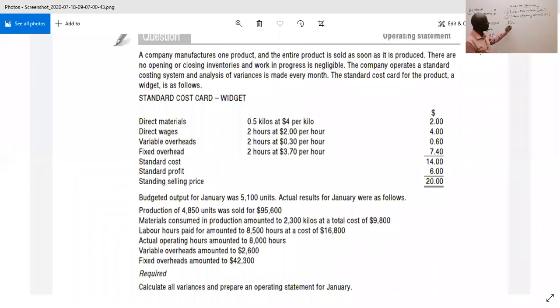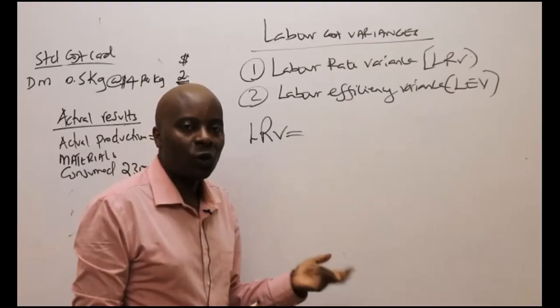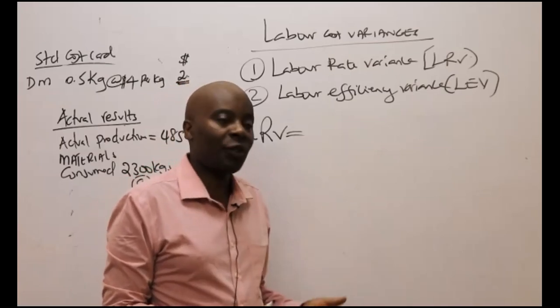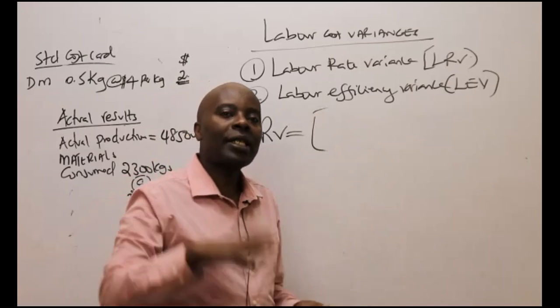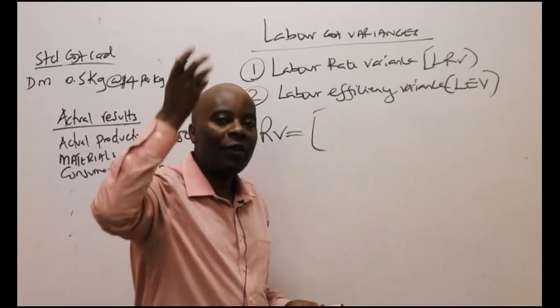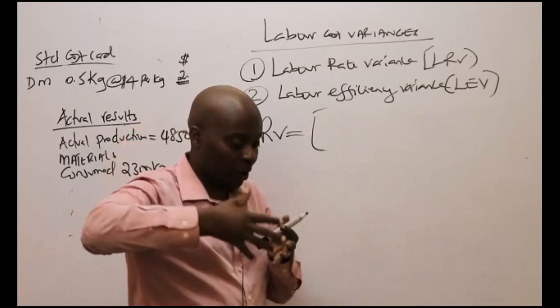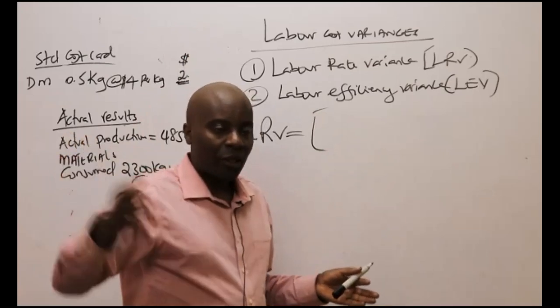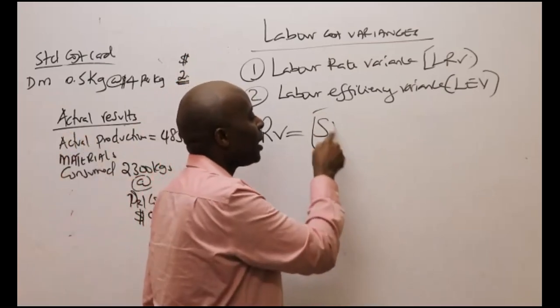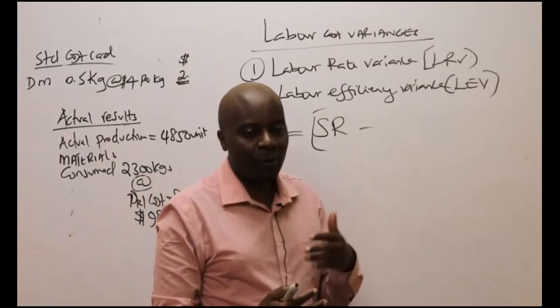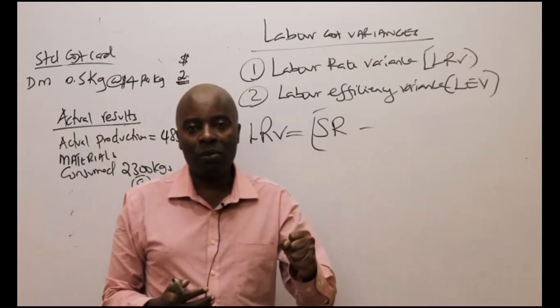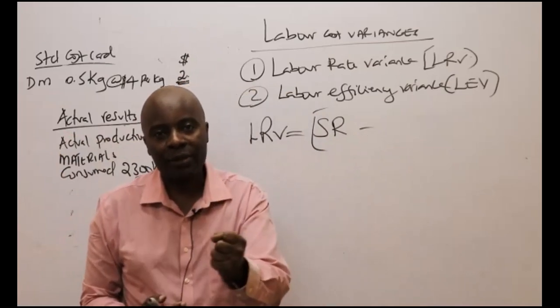It is the difference between two rates of paying workers. So we have these workers at the beginning of the year, as a college. We may have put a very high rate for them because we thought that this year would have been a good year. So we have here the standard rate. But as the year progressed, boom, Corona hit us badly.